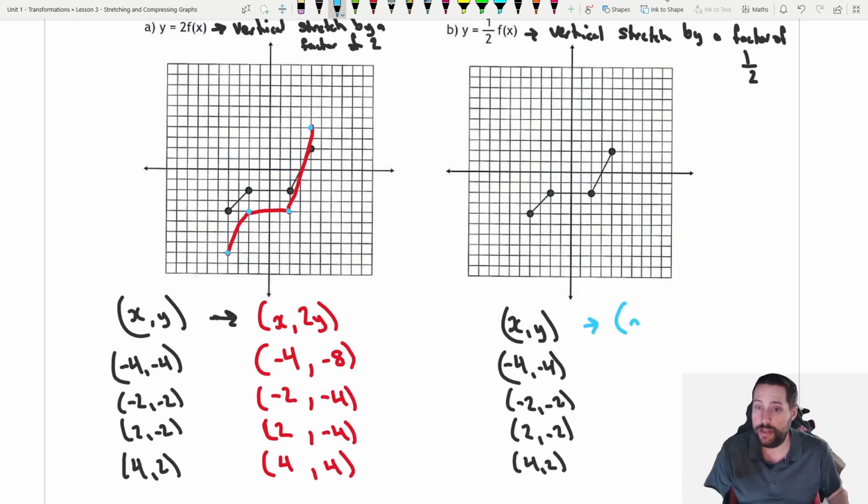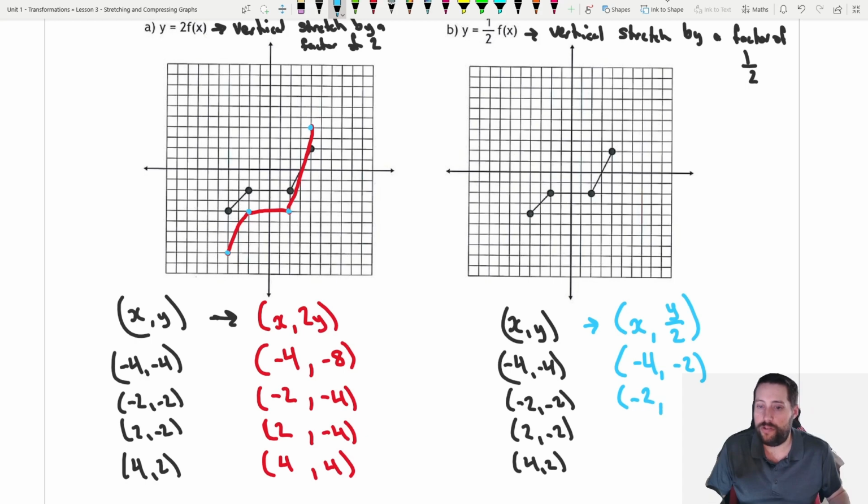We're going to say our x's remain the same, but we are going to multiply all the y values, or essentially divide all the y values, by 2. Multiplying by 1/2 and dividing by 2 mean the exact same thing. So we have -4, and then -4 divided by 2 gives us -2.